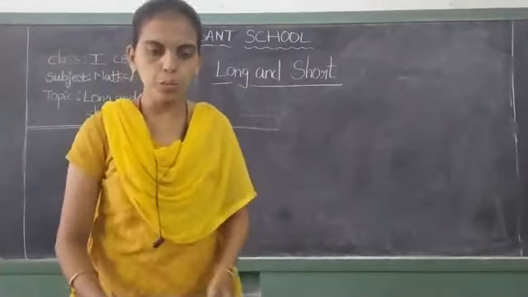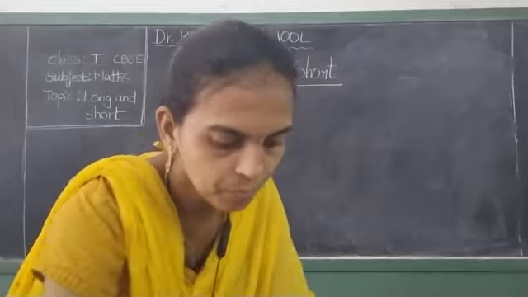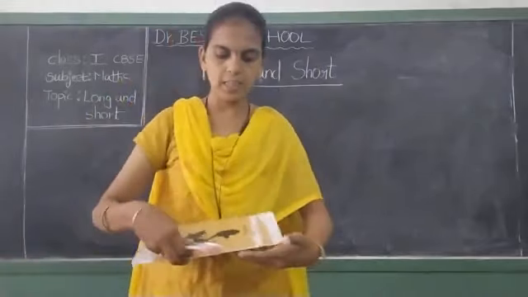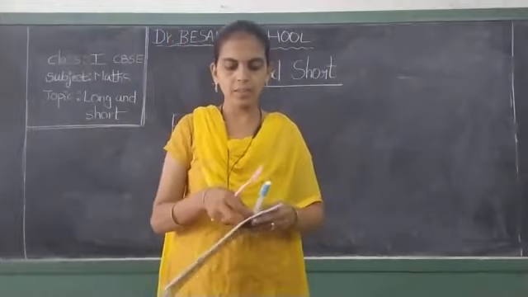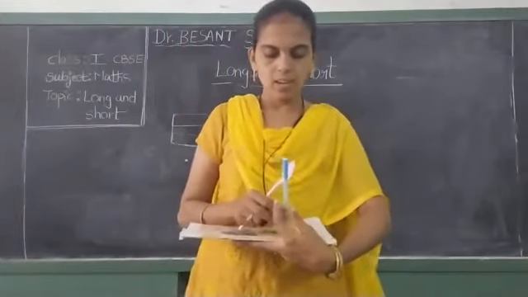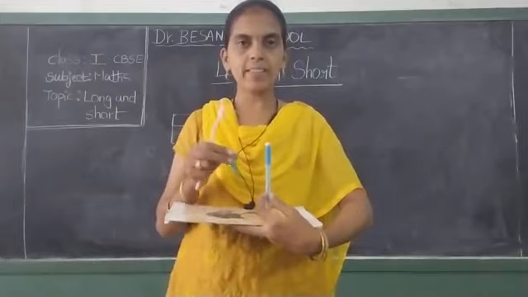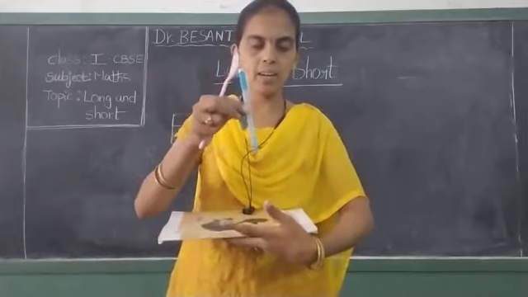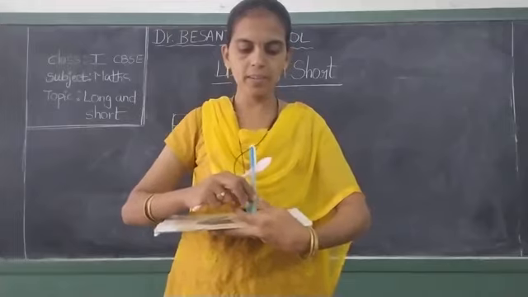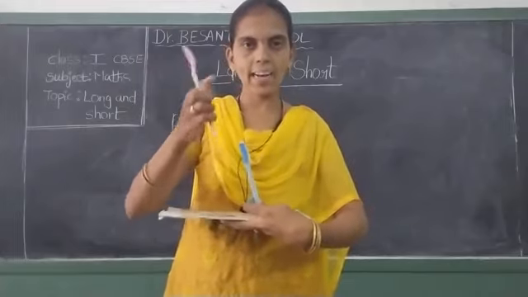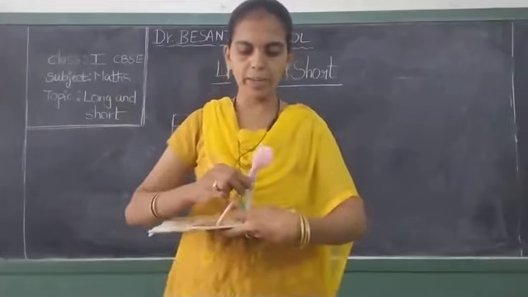Okay. Now I will show you some objects here. Observe these three objects. My dear children, see here, I am taking three items here. A pen, I am holding. A chalk piece, I am holding. And a spoon, I am holding.